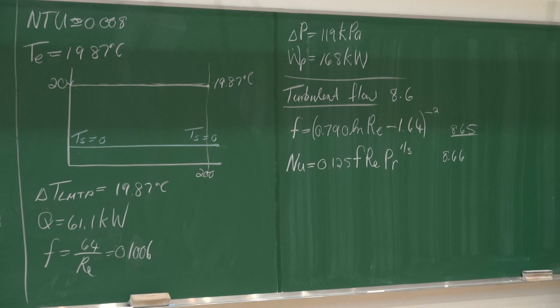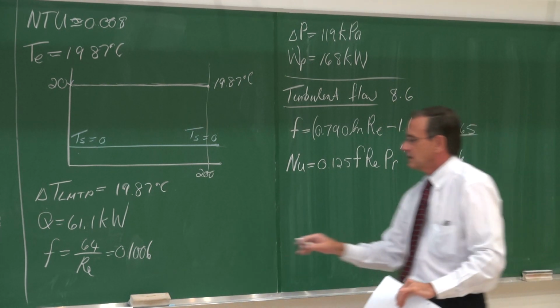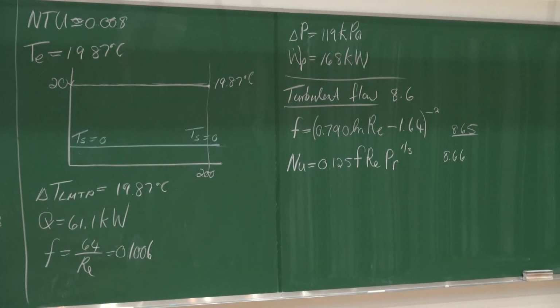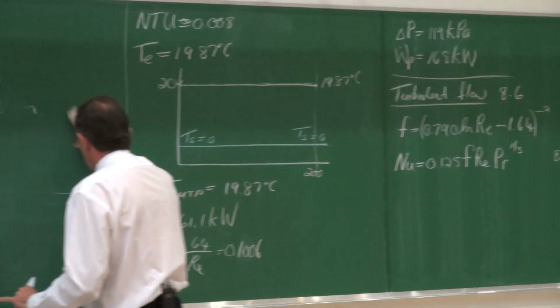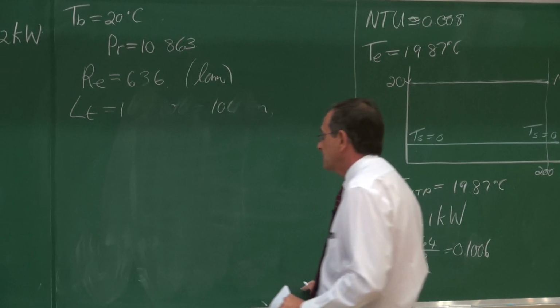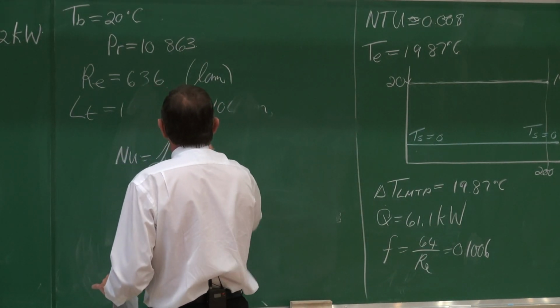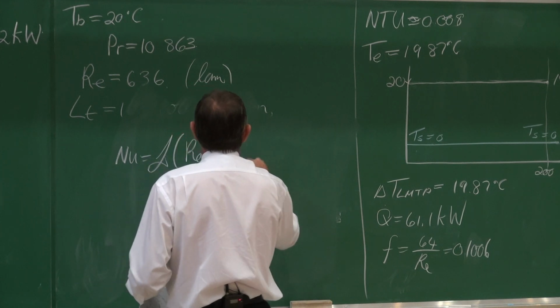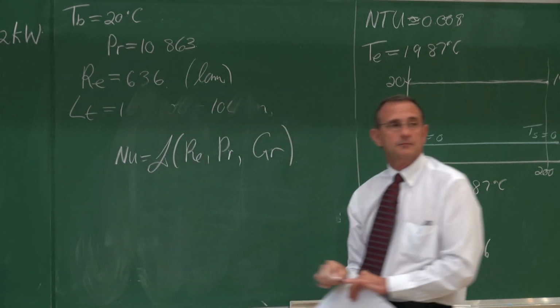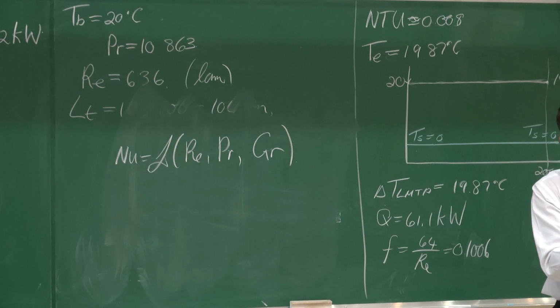Now when we started with this chapter, I hope you remember, I said that in this chapter and in the next chapter, what is important is that the heat transfer rate is always a function of the Reynolds number, the Prandtl number, and the Grashof number. Now the Grashof number is where we've got natural convection.